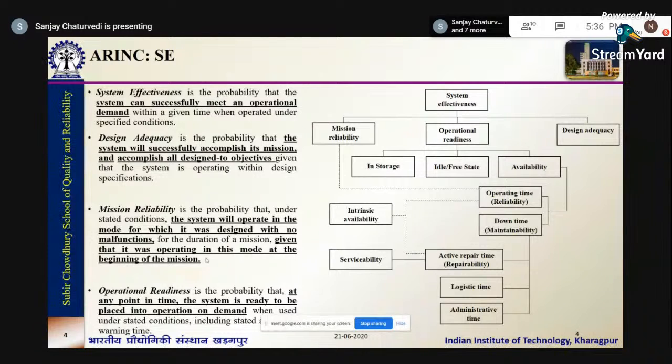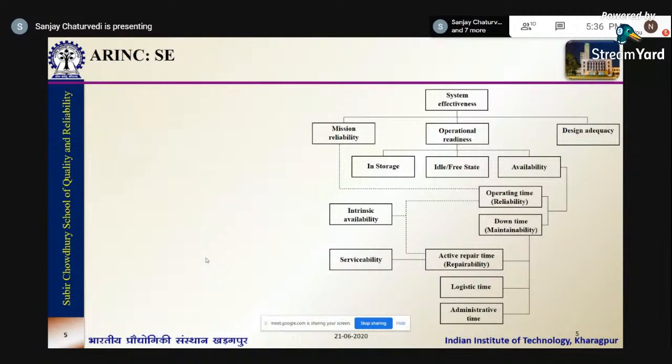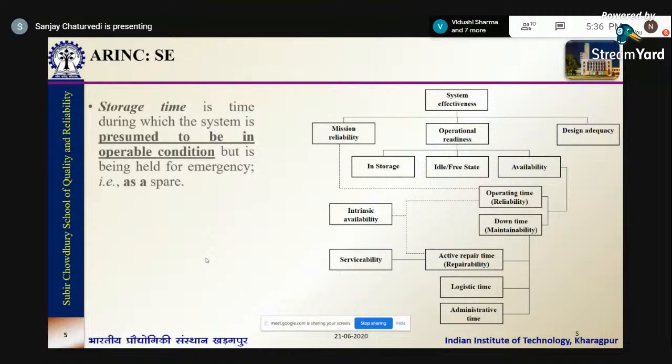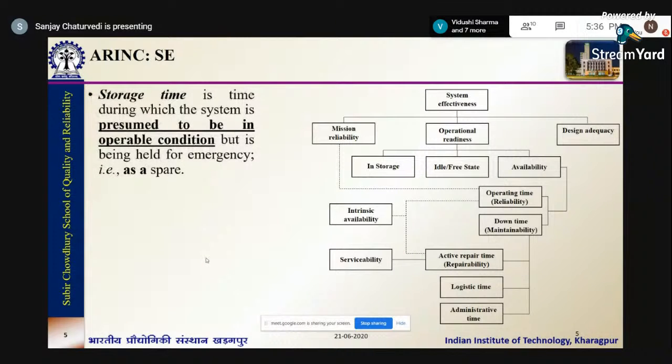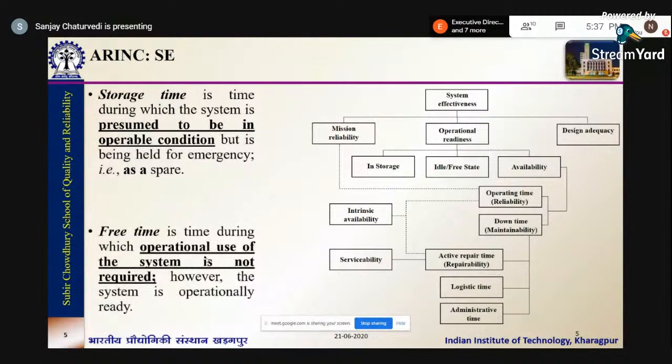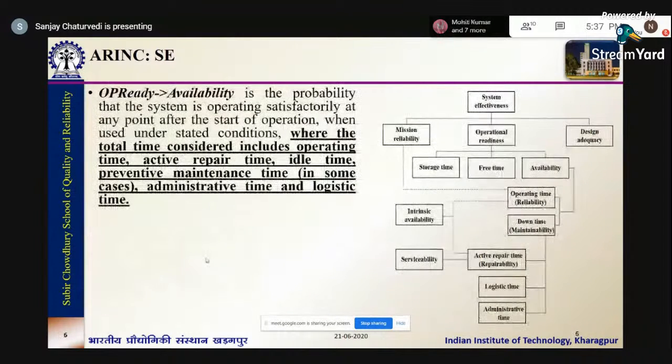Storage time is the time the system is presumed to be in an operable state but in standby mode, or as a spare, to be utilized. In free time, operational use of the system is not required, but it can be put into operation at any time.